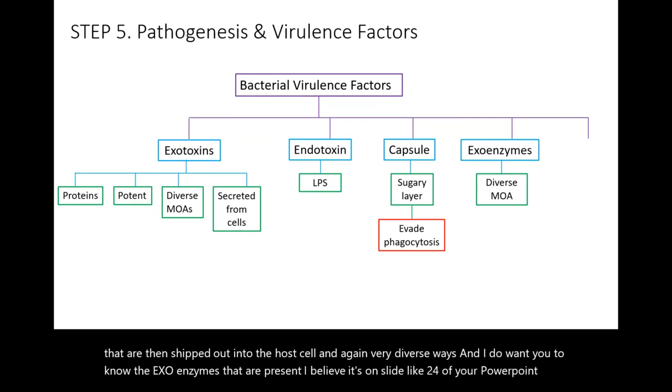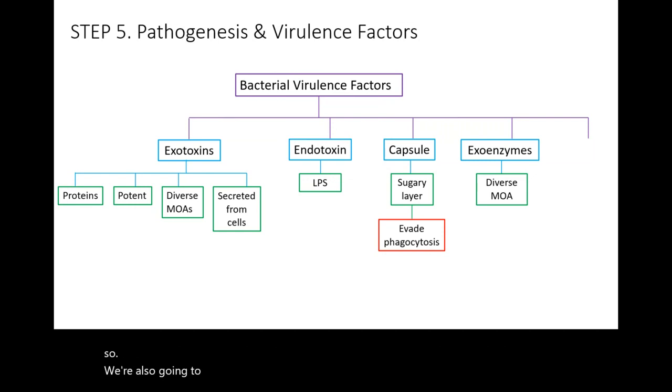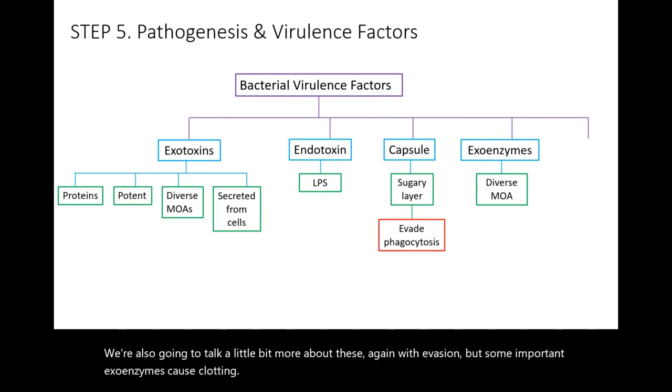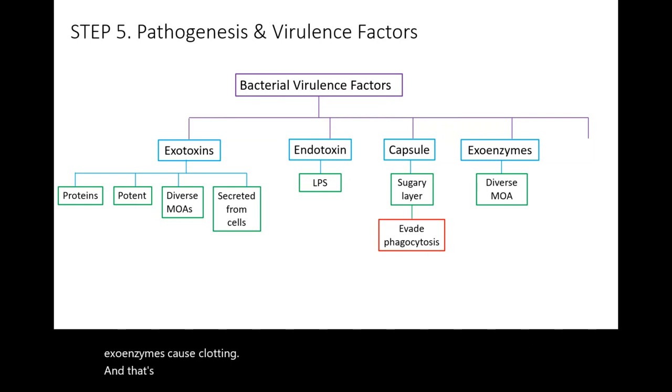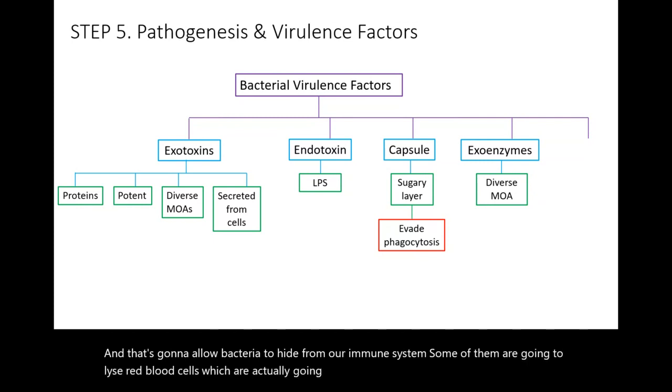So we're also going to talk a little bit more about these again with evasion, but some important exoenzymes cause clotting, and that's going to allow bacteria to hide from our immune system. Some of them are going to lyse red blood cells, which are actually going to promote the spread of the pathogen.